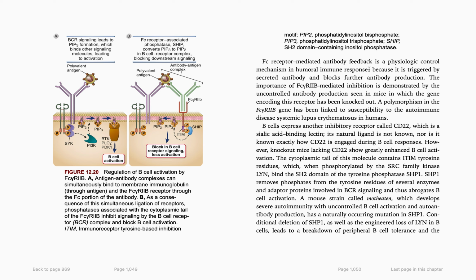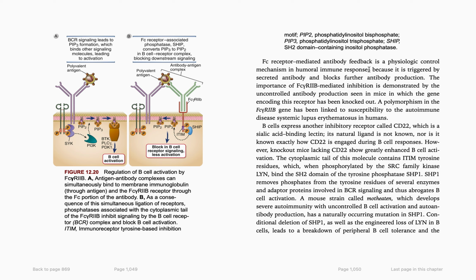However, knockout mice lacking CD22 show greatly enhanced B cell activation, and the cytoplasmic tail of this molecule contains ITIM tyrosine residues, which are phosphorylated by the Src family kinase, and bind the SH2 domain of tyrosine phosphatase SHP1. SHP1 removes phosphates from the tyrosine residues of several enzymes and adapter proteins involved in B cell receptor signaling, thus abrogating the B cell activation.